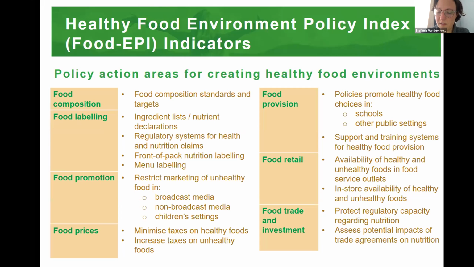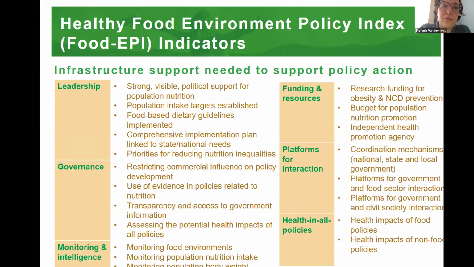I'm going to go more in detail later on. Food retail provision makes a distinction between children's settings such as schools and early education services, and then the other public settings, which can be hospitals, for example. And then the same is the case for infrastructure support domains, which really covers all important aspects that are needed for the development and implementation of policies.